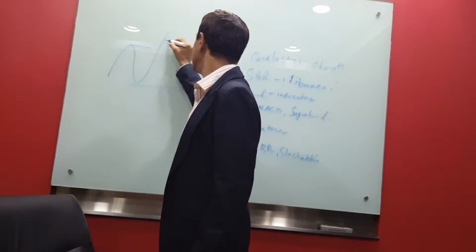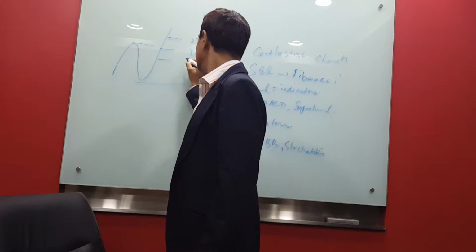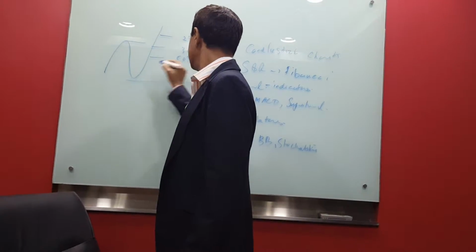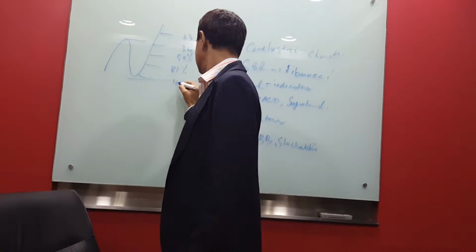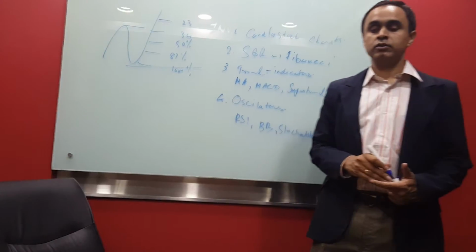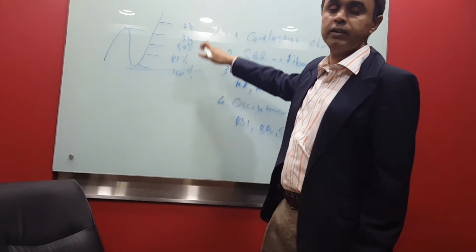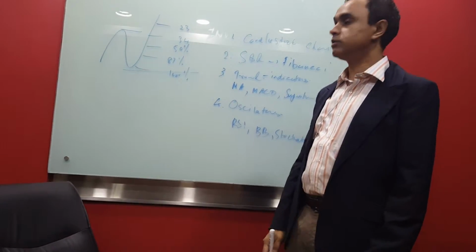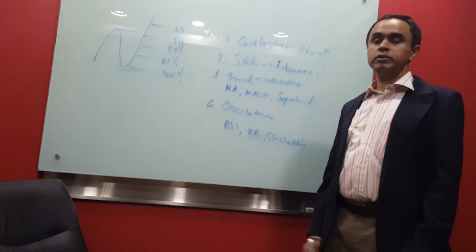It will be like 23%, then 34%, then 50%, then 87%, and then 100%. These are the Fibonacci numbers, right? We'll not get into why these particular figures and how we arrived at these percentages, because there are some mathematical reasons why he has arrived at these levels, but we won't get into that.